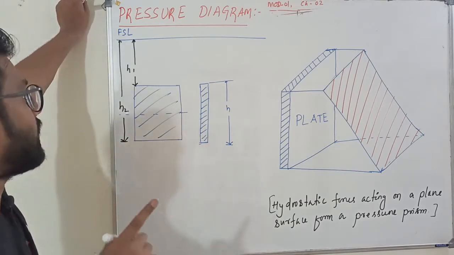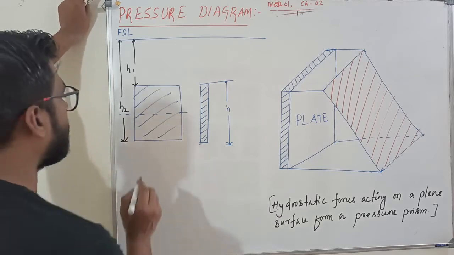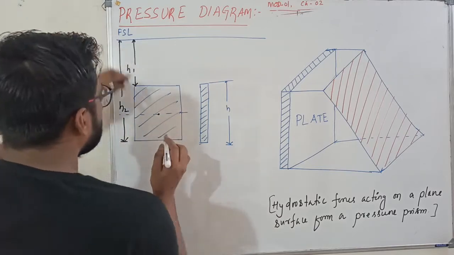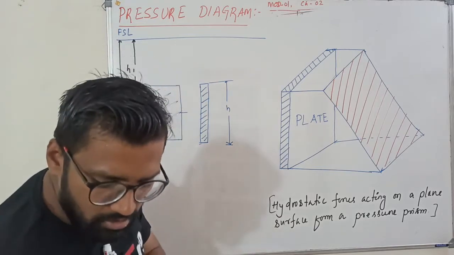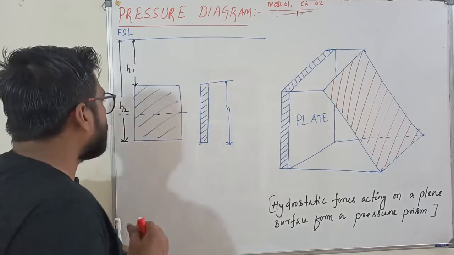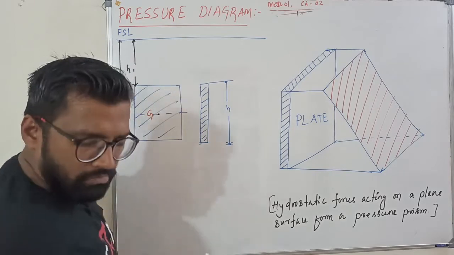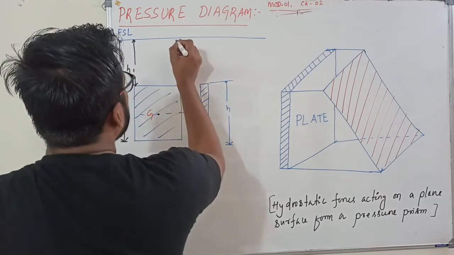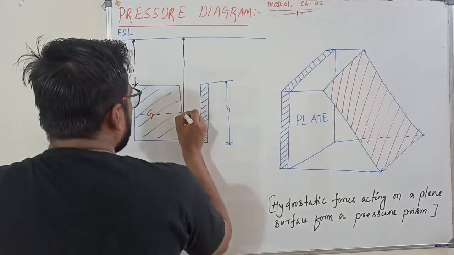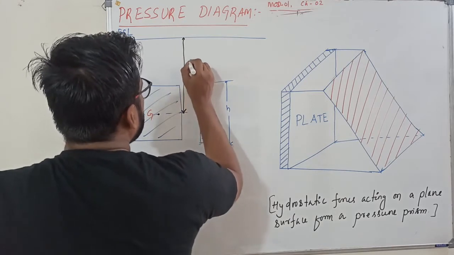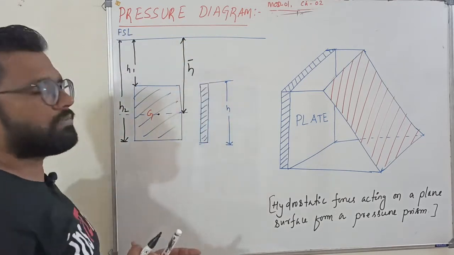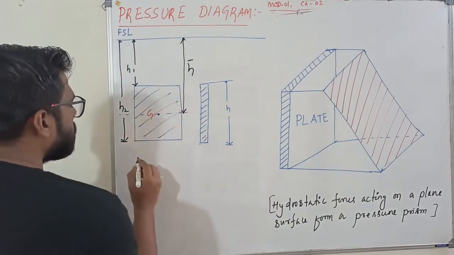In such a case, if it is a symmetrical object, the center of gravity, the CG, will always be at a distance of (h1 plus h2) by 2. Remember, this is your centroid, h bar. This is what we need. So what will be your h bar?